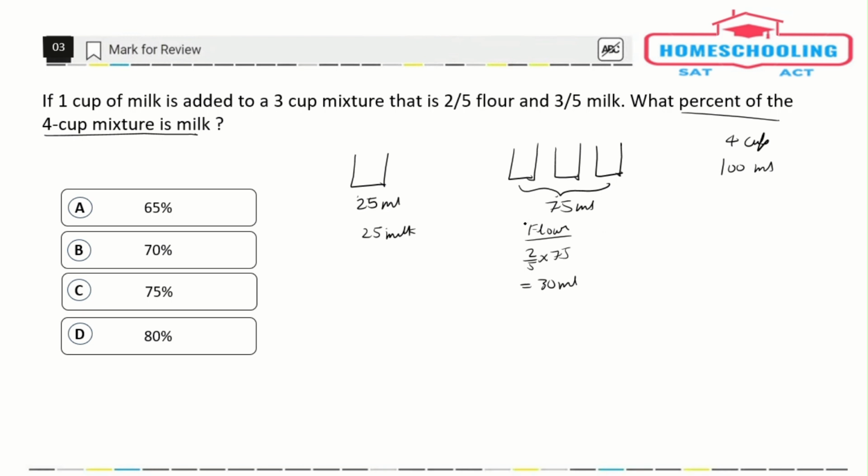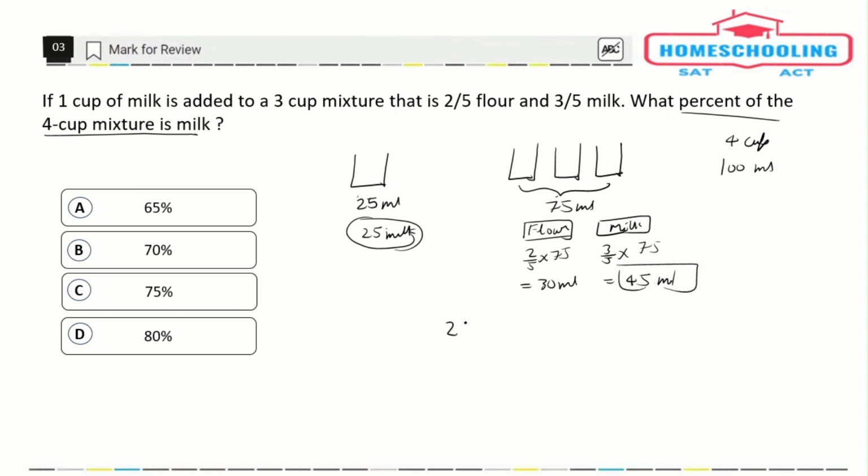Milk is 3/5 of these 3 cups, that is 75 ml. So 3/5 of 75 would be 45 ml. We have to find what percentage of the 4 cup mixture is milk. As we know, 25 ml is milk, and in this 75 ml, 45 ml is milk.